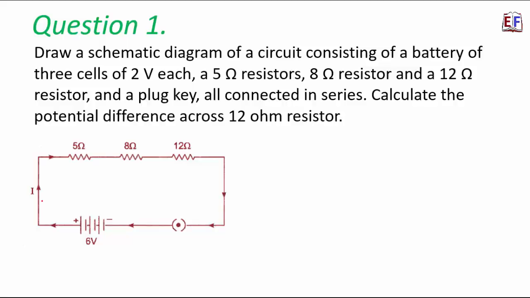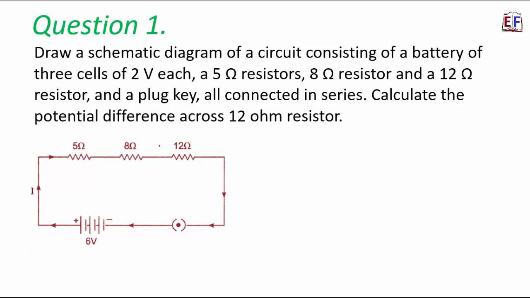Question number 1. Draw a schematic diagram of a circuit consisting of a battery of 3 cells of 2 volt each, a 5 ohm resistor, 8 ohm resistor and a 12 ohm resistor, and a plug key all connected in series. Calculate the potential difference across 12 ohm resistor. So we have drawn this diagram. It was a simple one.